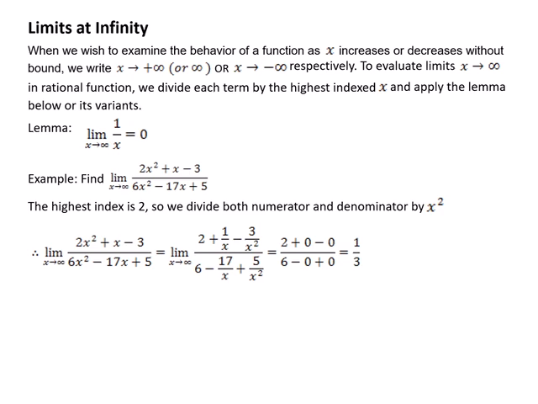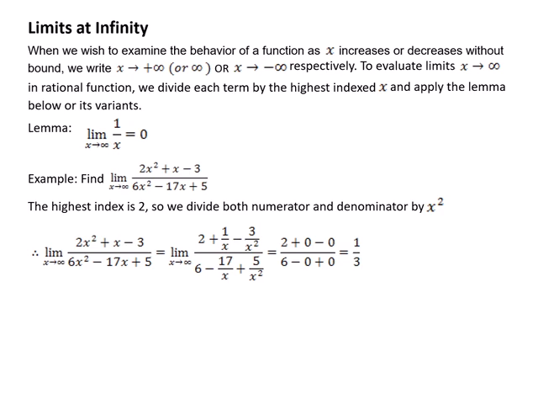So let's go on. We have the first value there: 2x squared divided by x squared, we get 2. We divide x by x squared, we have 1 over x, and we divide that minus 3 by x squared, we have 3 over x squared.